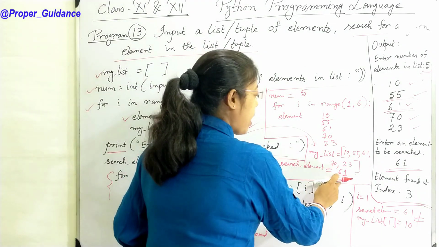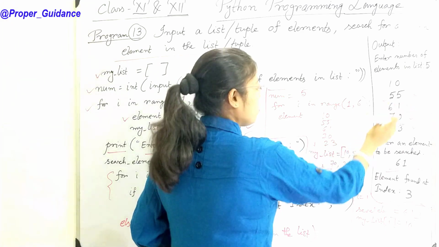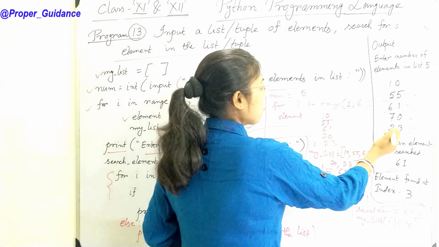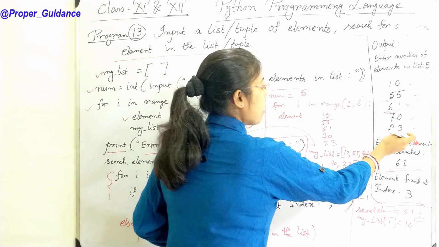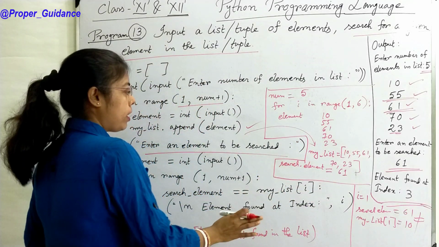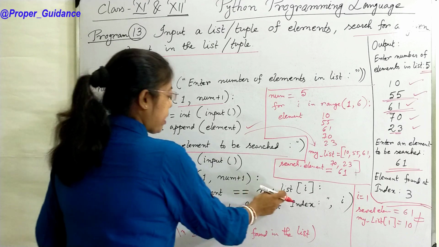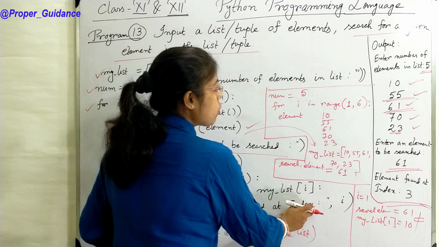This is the particular value I am going to search. So I will stop here, and then not stop here, the loop will continue, because maybe some different values are also there to check. Suppose I am searching for 23. The loop will continue and check where it is found, and when the match is found, then print element found at index what?